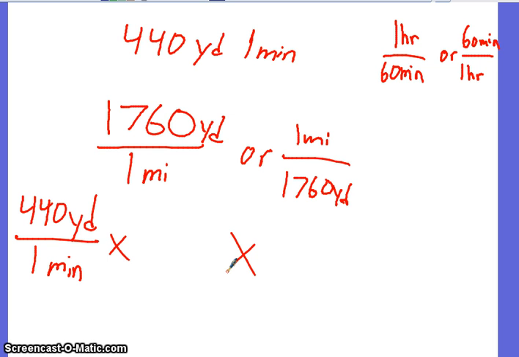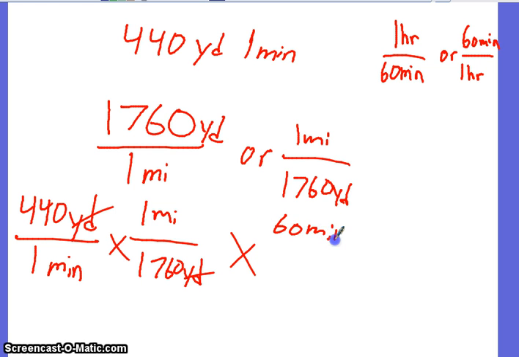So I need to cross off yards, so I will write 1 mile to 1,760 yards, because that gets rid of my yard measurement. Now I need to get rid of that minute measurement, so I'm going to write 60 minutes over 1 hour.